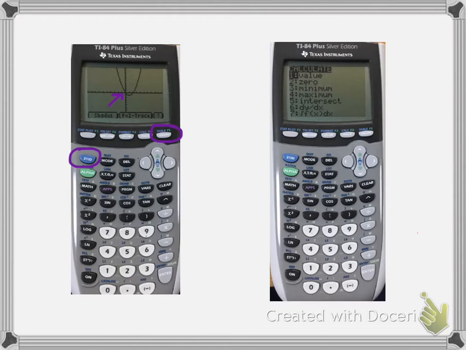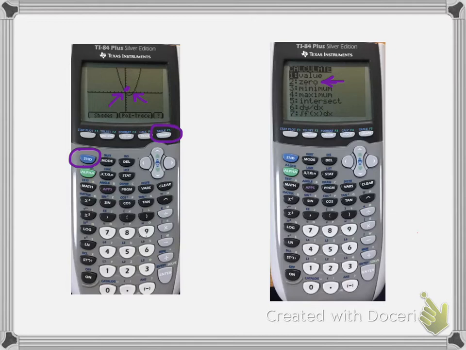If we look back at our graph, it happens to be also here, and then there's another one right there. In order for us to let our calculator do a lot of this work for us, we want to use your zero feature. When you use your zero feature, you need to make sure that you are going on the left side of the zero and the right side of the zero.